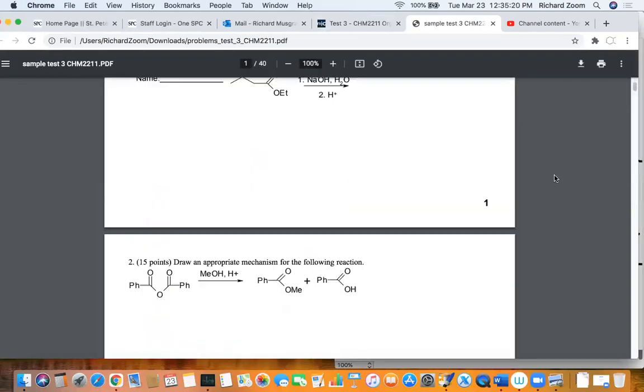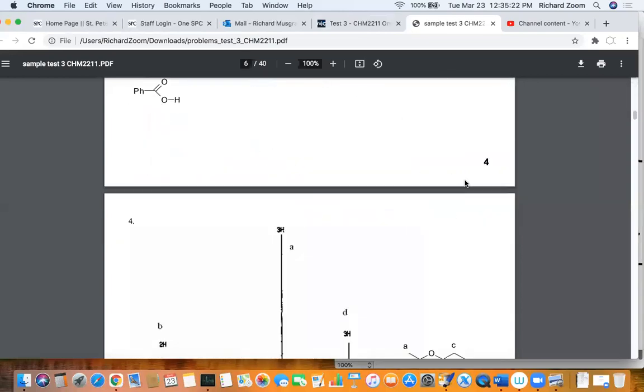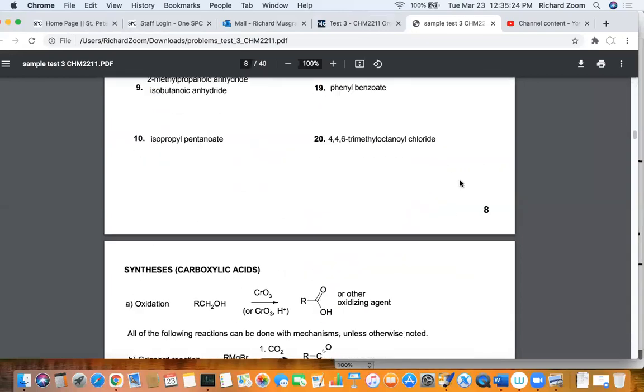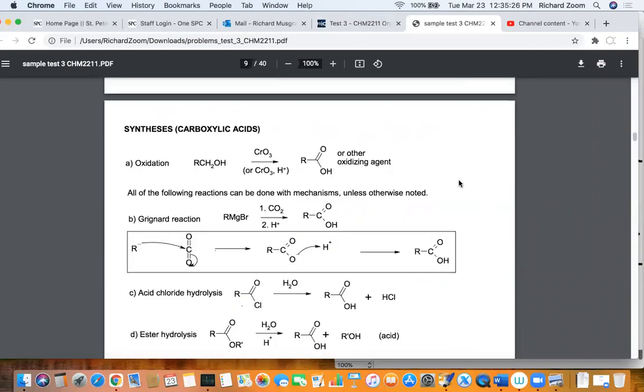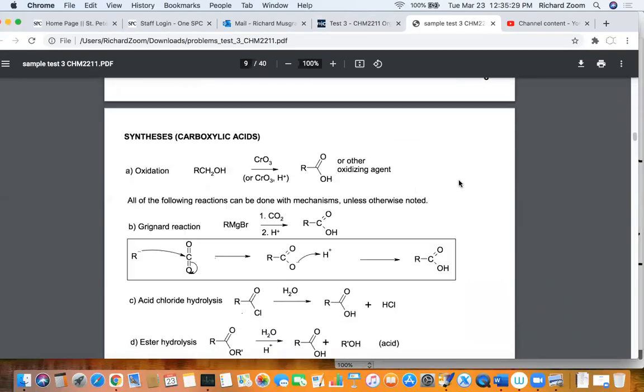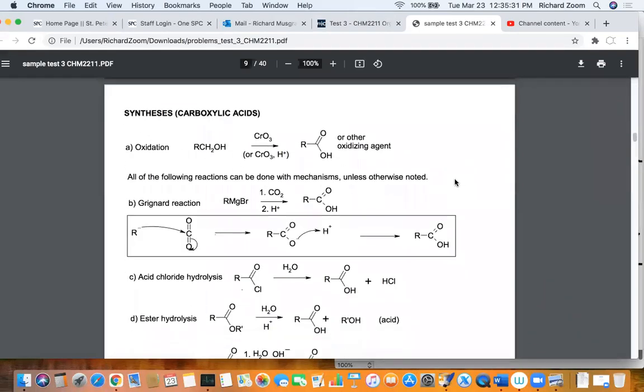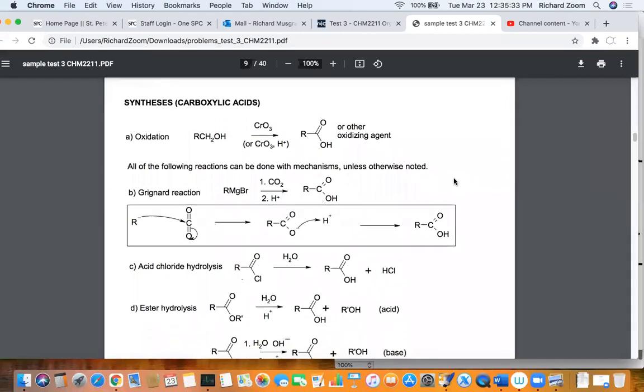I'm going to go through each of the reactions and tell you what kind of reaction it is and what pattern it follows. I do that by starting at the reaction summaries, which start on page 9 of test 3. So I'm going to go through and tell you what's what here.